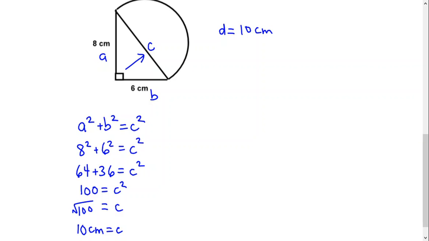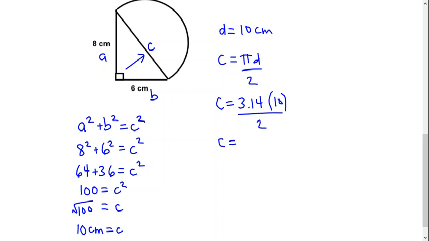And I'm going to use the diameter to find out the circumference of my semicircle. So the circumference of a circle is pi times d, but because I have a semicircle, I'm going to divide this by 2. I'm going to use 3.14 as my value for pi. I'm going to times it by 10, and I'm going to divide this by 2.